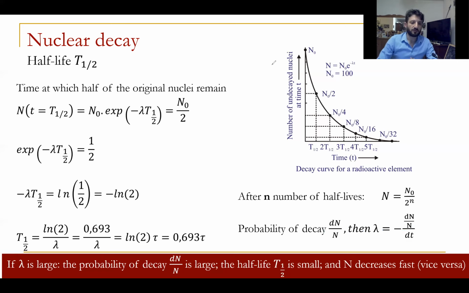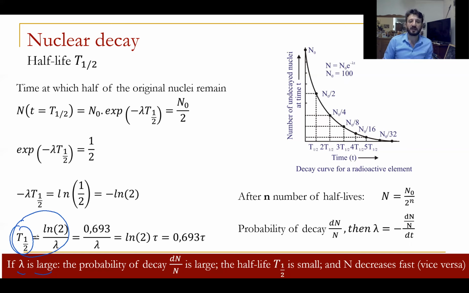Anyway, now it's very important. We have a relation between the half-life and lambda, and between the half-life and tau. In general, if lambda is large, so t half is small, the half-life is small.